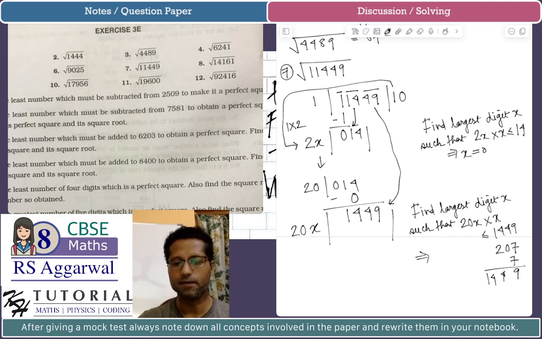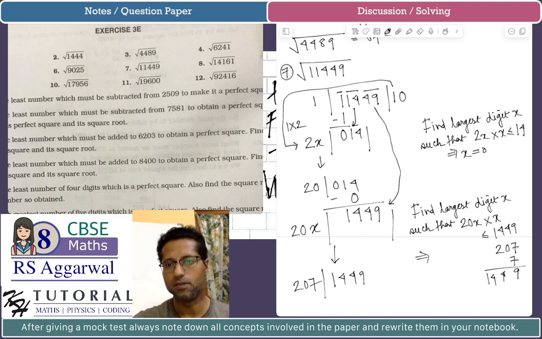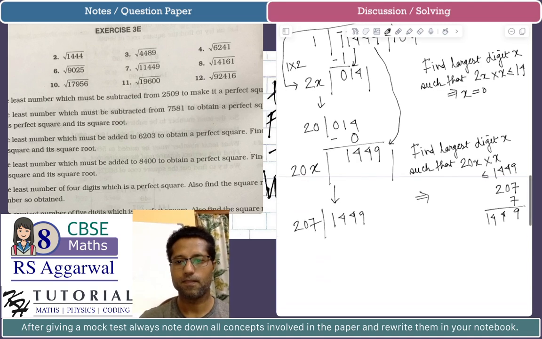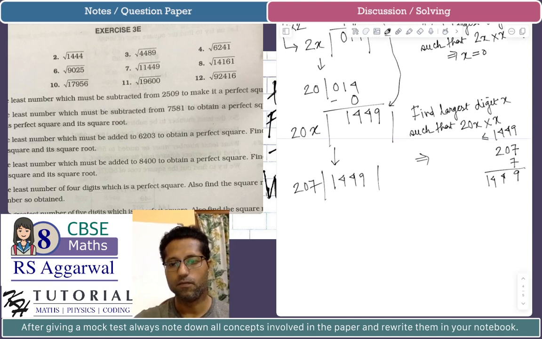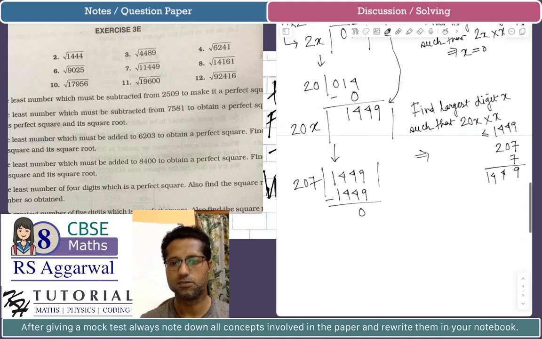The dividend is 1449, and over here we got 207, and the 7 also got appended to the current quotient, that is 107. When 207 is multiplied with 7, we get 1449, the remainder is 0, and there are no more periods.